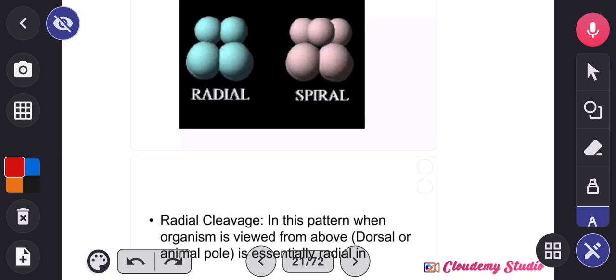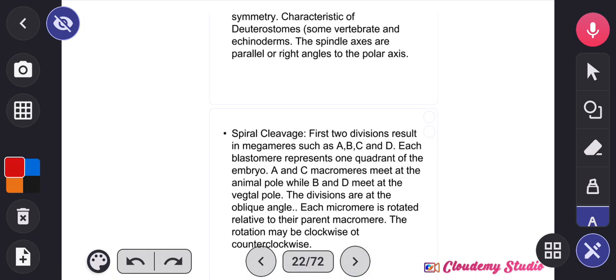In radial cleavage, when the organism is viewed from above, the pattern is essentially radial in symmetry, and this is a characteristic of deuterostomes, some vertebrates, and echinoderms. Deuterostomes are those animals whose anus is formed before their mouth. When we get to gastrulation, we will understand more about how the anus is formed before the mouth itself.